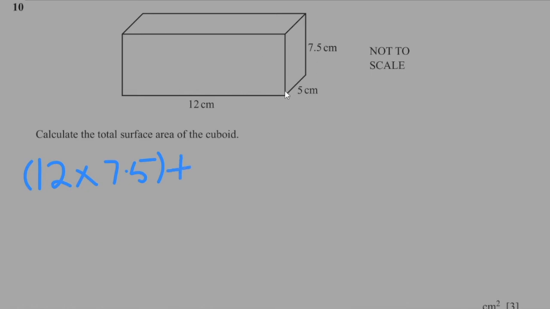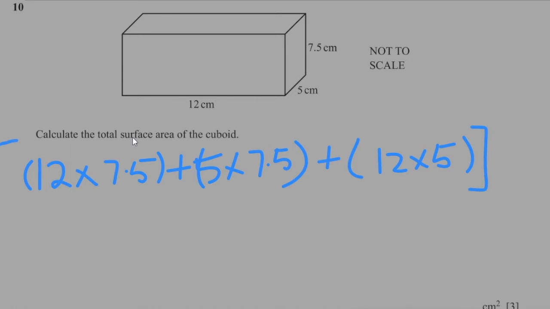Next one is going to be this one, which is 5 into 7.5, and the third one is at the top and the bottom, which is equal to 12 into 5. Now I'll multiply the sum of all of these products by 2, since we have 2 faces of each rectangle over here, and that is equal to 375 centimeters square.